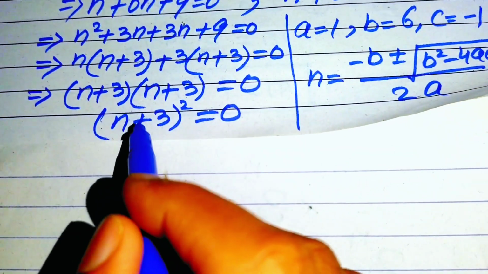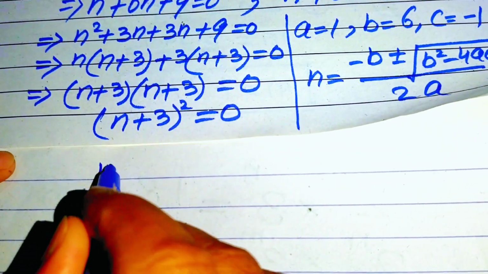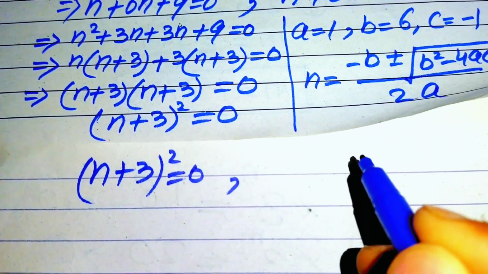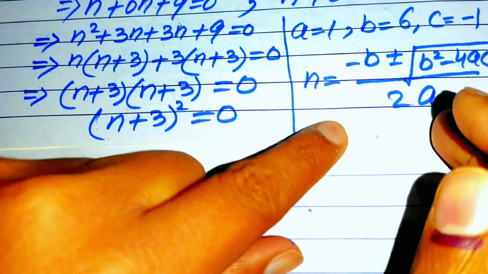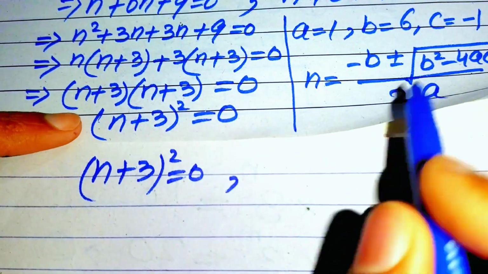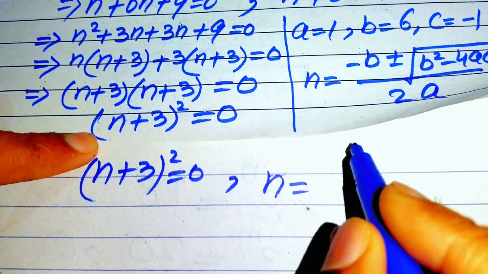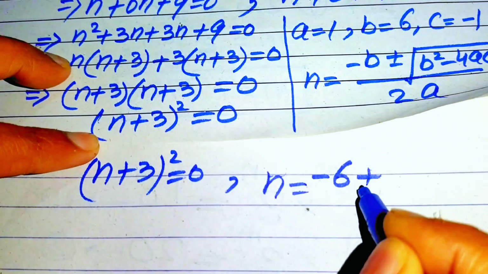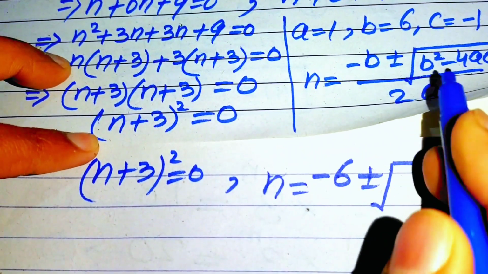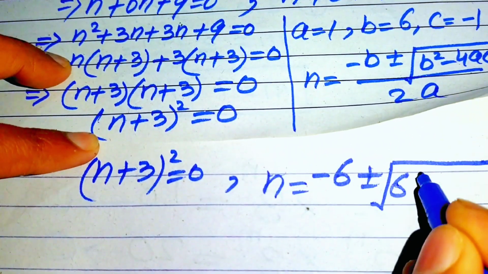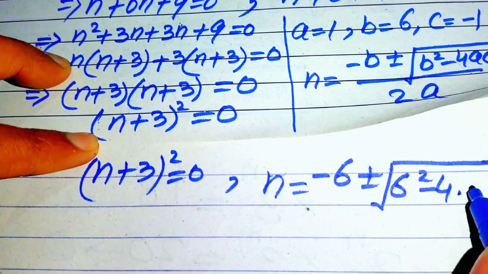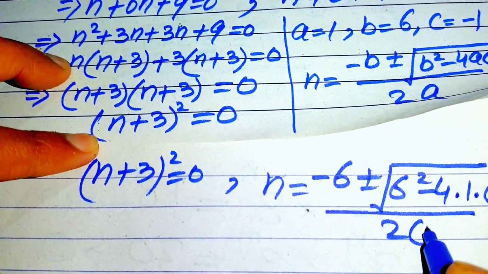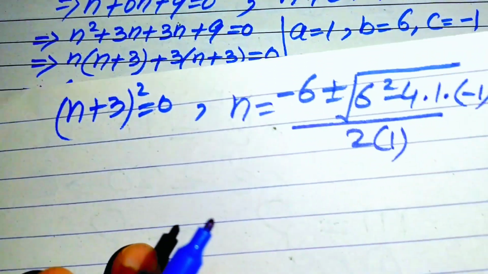So in this case we get the value of n plus 3 whole square equals to 0, and in this case we put the values of a, b, and c here, and you get n equals to minus b, and the value of b is 6, so you get minus 6 plus minus square root of b square. So b is 6 square minus 4 times a is 1, and c is -1, divided by 2 times a, and our a is 1.